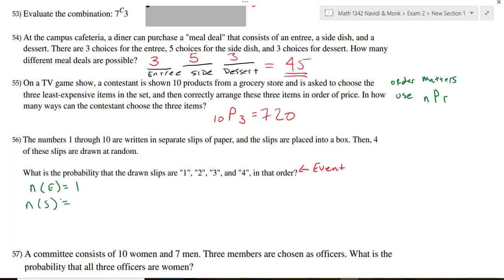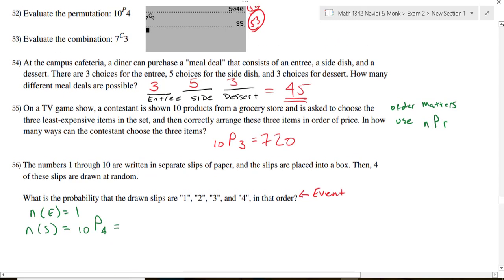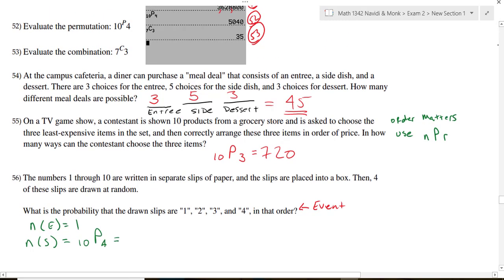The number of elements in our sample space is the number of different arrangements of the order of numbers that we could come up with when I'm drawing 4 out of the 10 that I have to choose from. Because order matters, I use permutation. I have 10 slips of paper, and I'm drawing 4. We did 10p4 up here, and that was 5040.